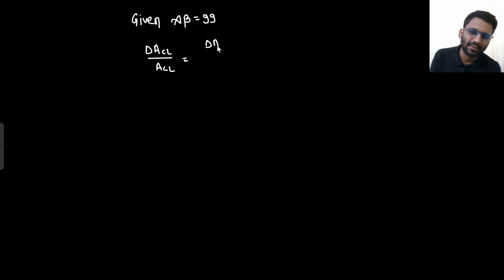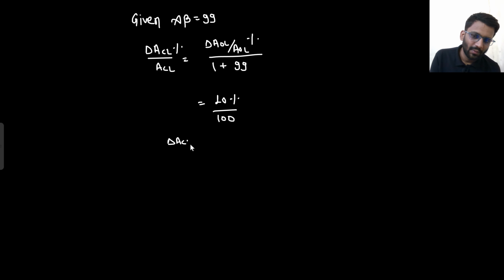That would be the percentage change in open loop gain divided by 1 plus 99. That was 10% divided by 10. So in closed loop gain, only 0.1% change is there. Only 0.1%.